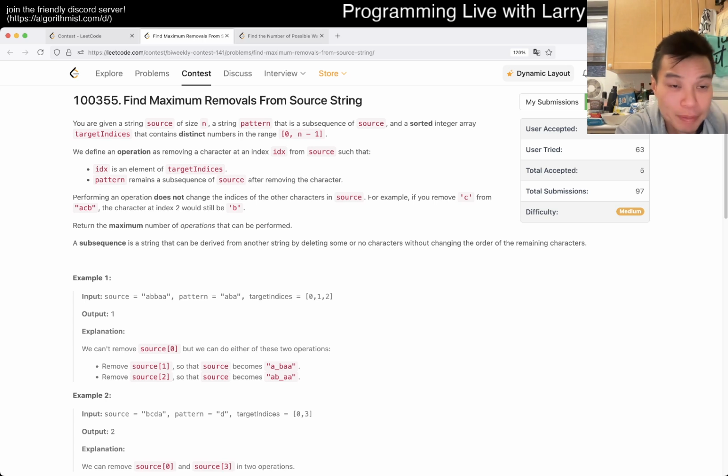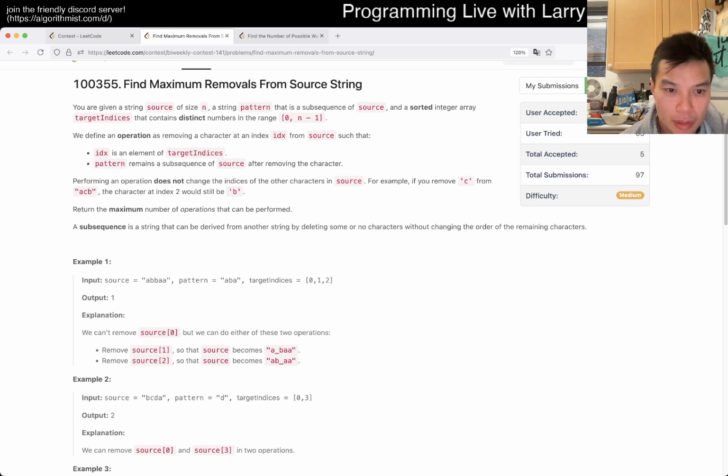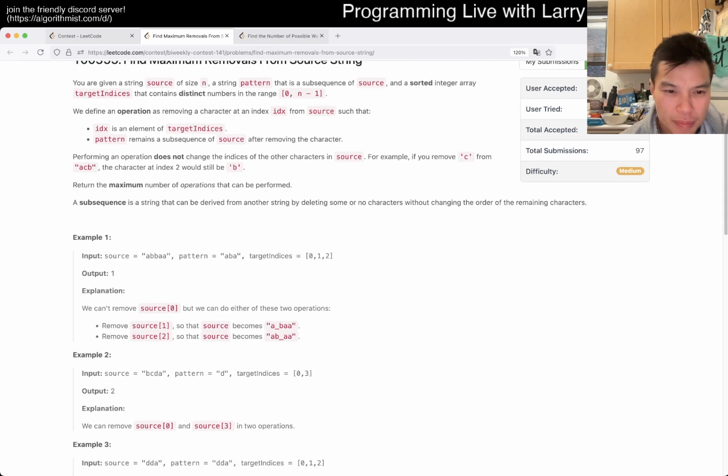Okay, read the problem. A pattern that's a subsequence of source and is sorted contains distinct numbers. Removing a character, targeting. Okay, so we... why can't we remove?